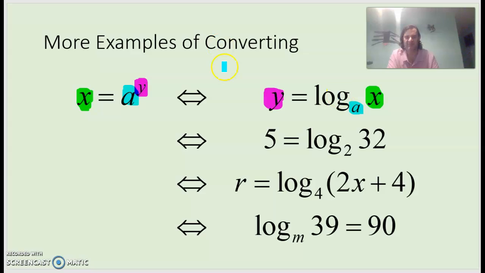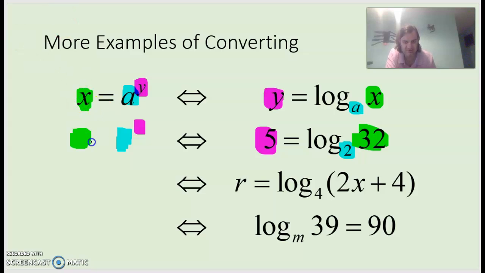So the first log we have here is 5, which is going to be an exponent, equals log base 2 of 32. And I certainly don't expect you to do all this coloring on your paper, but that'll turn into 32 equals 2 to the 5th. I sure want to make sure you understand what's happening right now. 32 equals 2 to the 5th. And that's actually a true statement, since there's no variables in there.